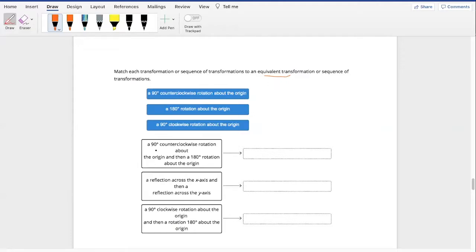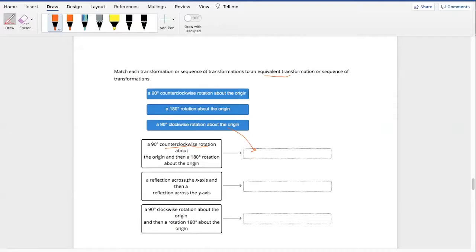For instance, a 90-degree counterclockwise rotation about the origin, and then a 180-degree rotation about the origin, is the same as a clockwise rotation, 90-degree about the origin.